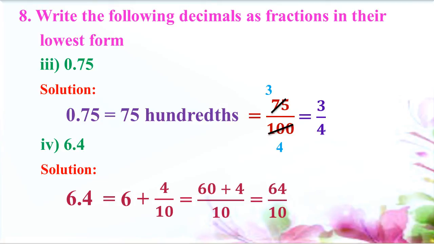Now we'll get 64 by 10. Now we are going to simplify this one. So 32 twos are 64 and 5 twos are 10. Is there any common factor for 32 and 5? No. So we can write 32 by 5. That is the lowest form.